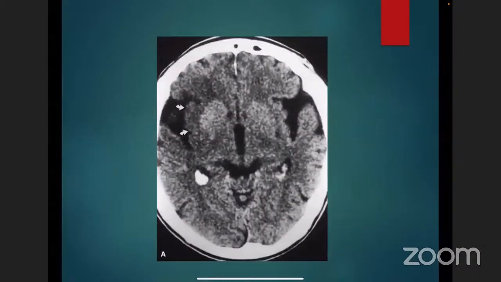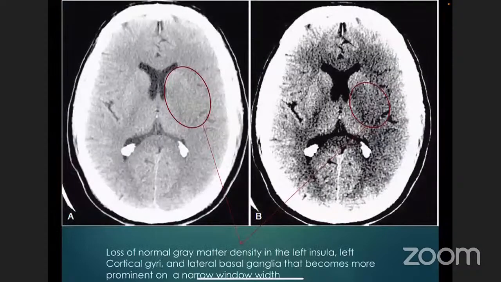As you can see here in this non-contrast axial CT brain of a patient with right MCA occlusion who presented in the first few hours, there is hypoattenuation of the right insula, marked by the white arrow, which is the insular ribbon sign. And this is another patient with a left MCA stroke.